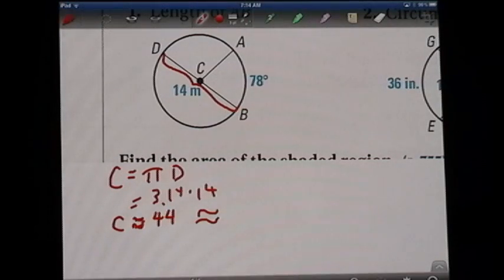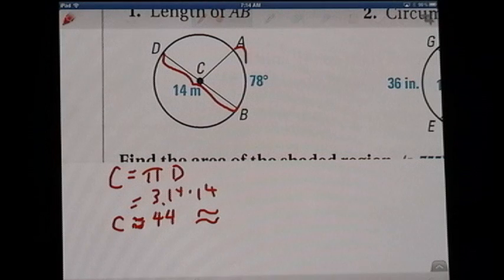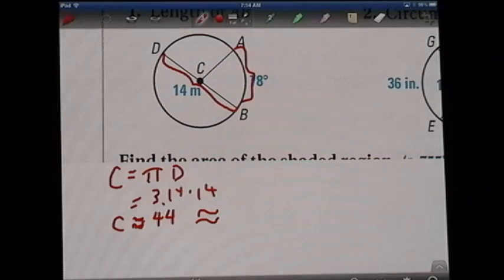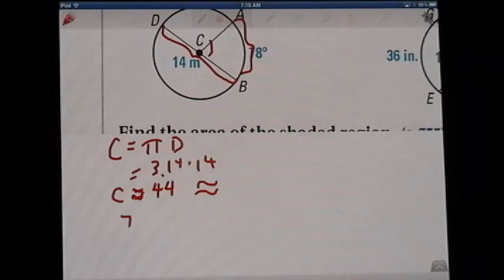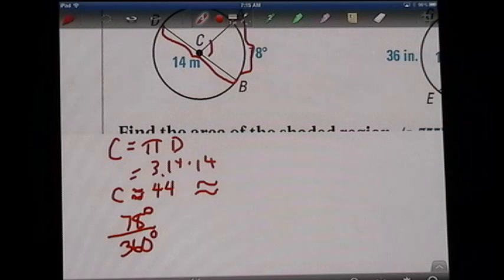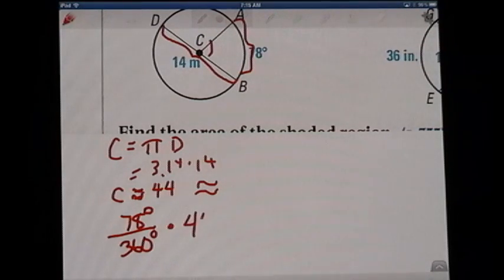Okay, now the part that they're talking about for AB is 78 degrees, which is also the central angle, by the way. And so they only want 78 degrees out of the entire 360 of circumference. So to figure out just AB, you're going to say, well then I want 78 degrees out of 360 degrees of, which is always times, that 44.